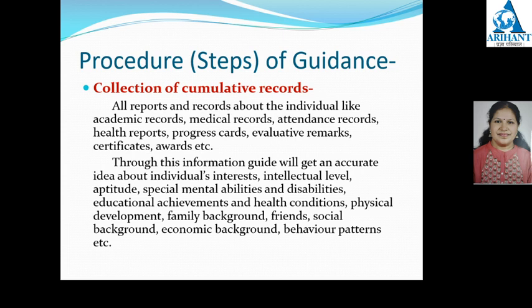By analyzing these records, the guide will get an accurate idea about the individual's interest, intellectual level, aptitude, special mental abilities and disabilities, educational achievements and health conditions, physical development, family background, friends, social background, economic background, behavior patterns, etc.